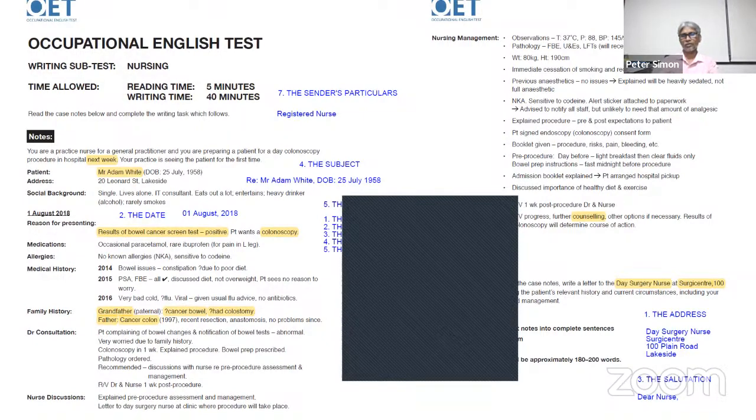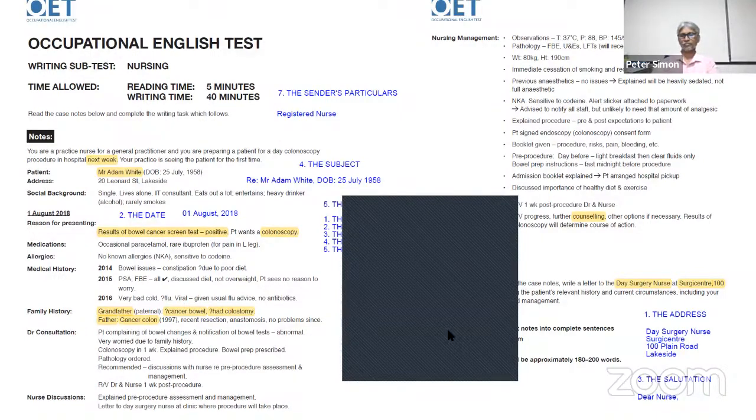Fourth, the setting. Setting means what is going to happen, and when and where. What is the setting? When and where.